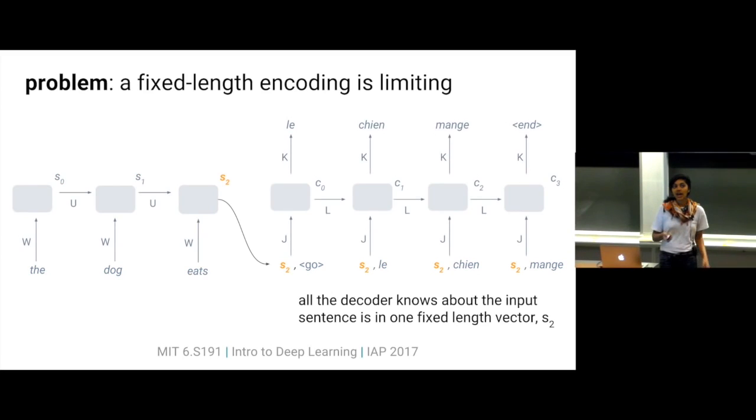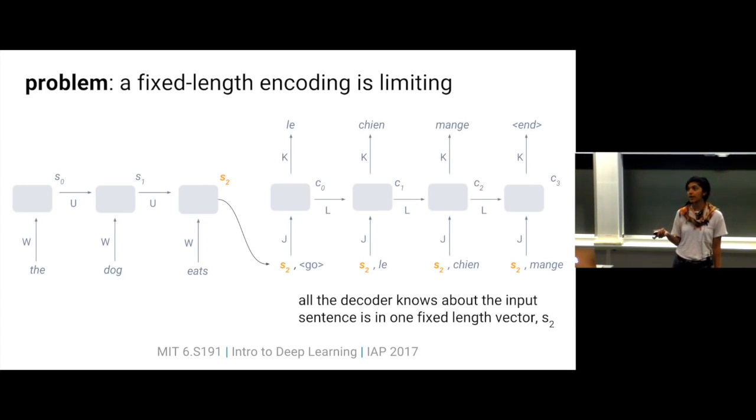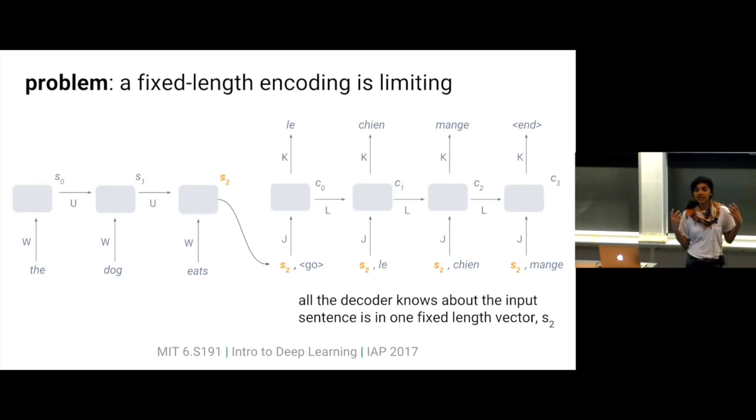But you might notice that a problem here is, like I mentioned earlier, we're trying to predict the entire output sentence based just off of that one fixed length encoding, the final cell state of our encoder RNN. So this is a problem because, okay, maybe it'll do okay with a simple sentence like "the dog eats."